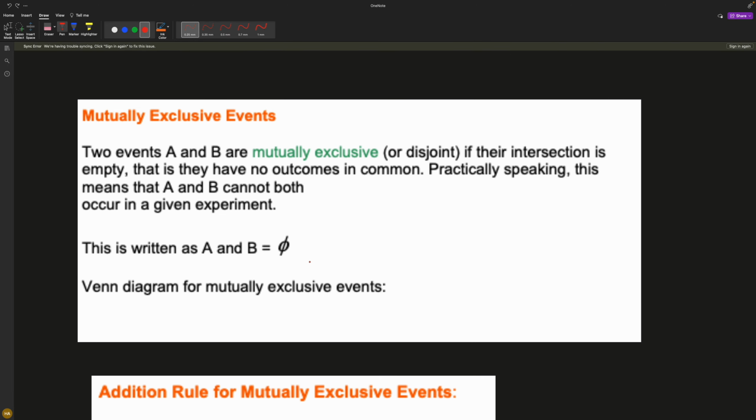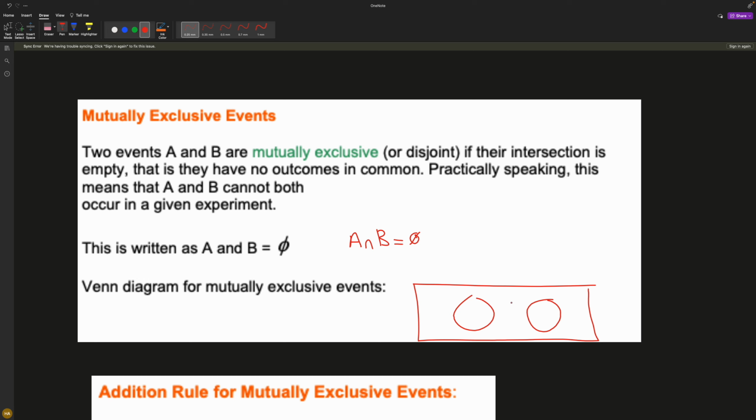Mutually exclusive events means that in the Venn diagram, the two circles have nothing in common; they are disjoint. This is written as A and B share nothing: A intersect B equals an empty set.